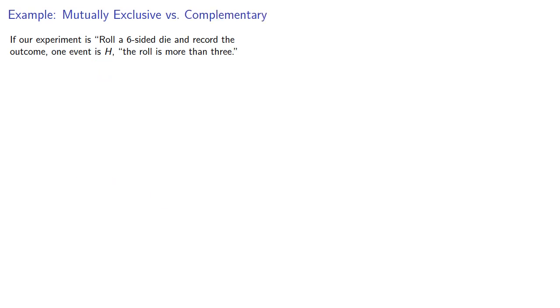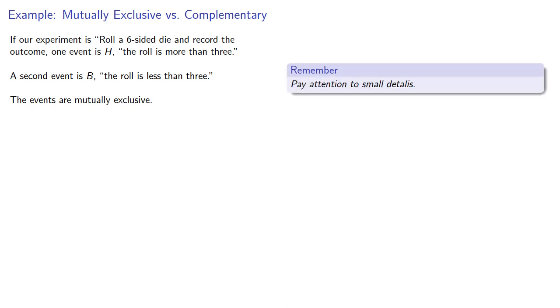Now there's an important subtle point to make. If our experiment is roll a six-sided die and record the outcome, one event is the roll is more than 3, and the second event is the roll is less than 3. These events are mutually exclusive. They have no outcomes in common, but pay attention to small details.